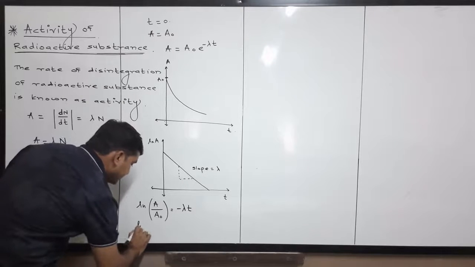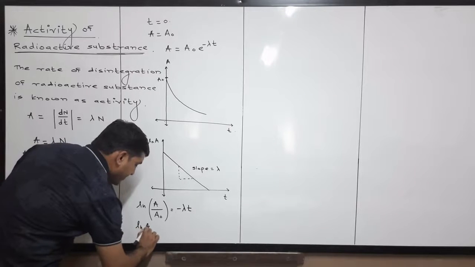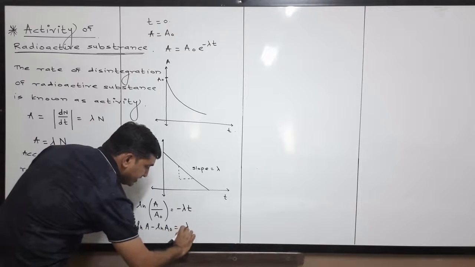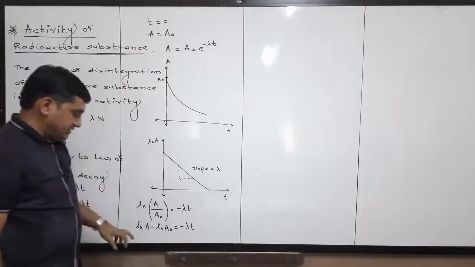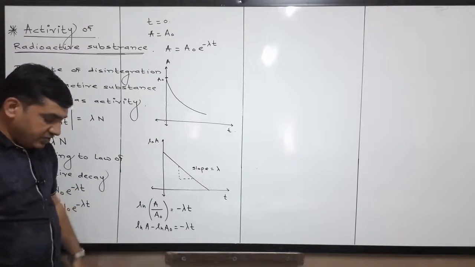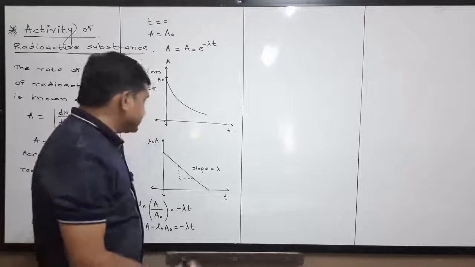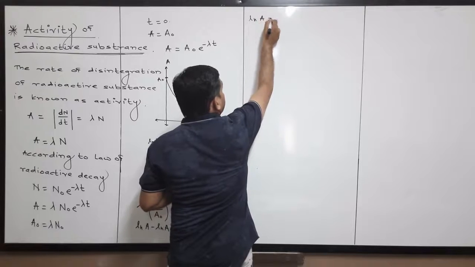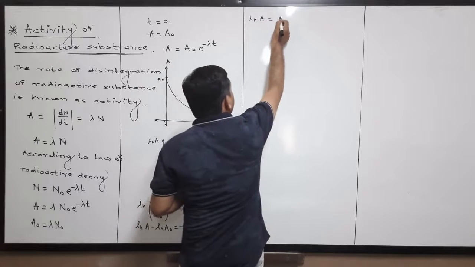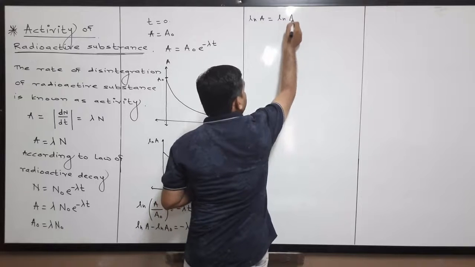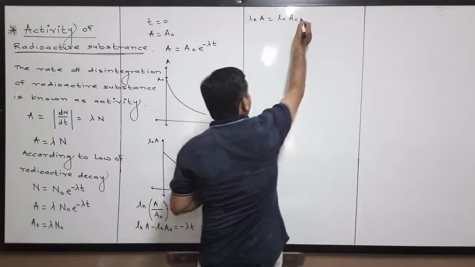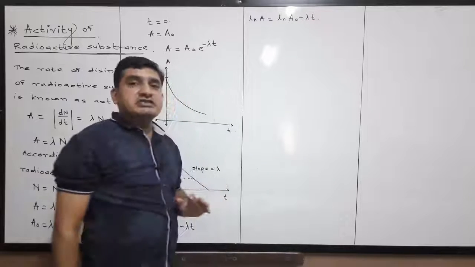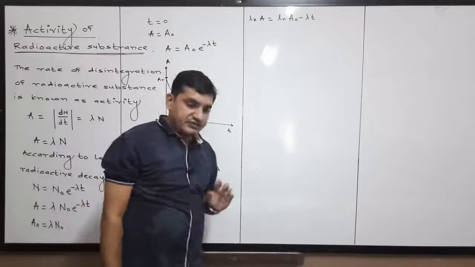This can also be written as ln A minus ln A0 is equal to minus lambda t, and therefore ln A is equal to ln A0 minus lambda t. So this is related to the activity of a radioactive substance.